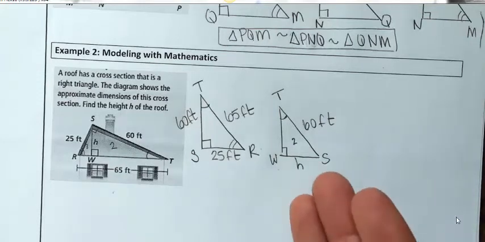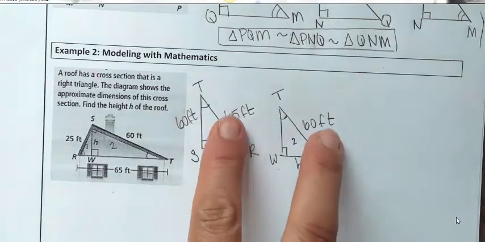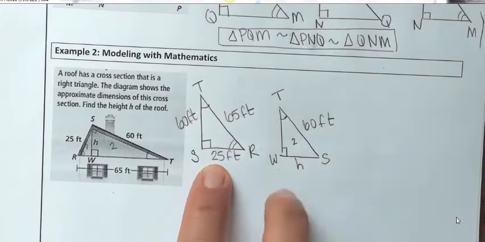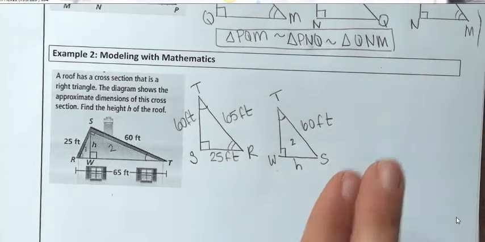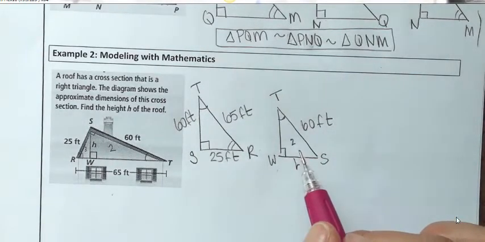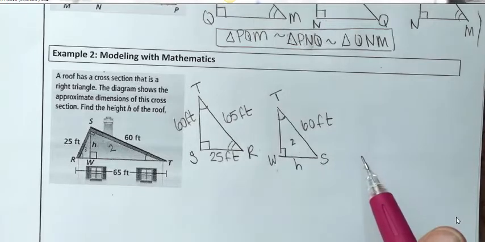If we don't have enough information, I can see that I've got the hypotenuses and one of the bases, but I don't have the other base. If I didn't have that, I'd have to do the final triangle. But I think on this one, we're going to be fine just setting up 2 triangles.